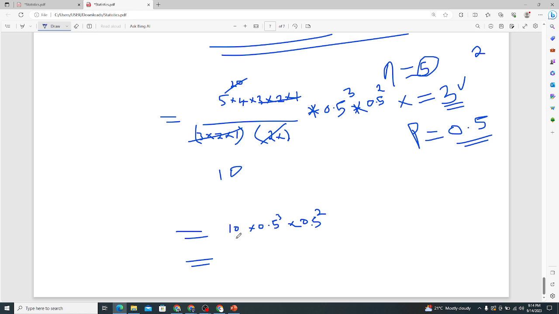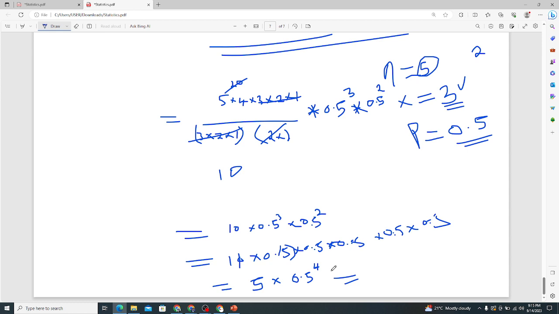So basically I can say it is 10 multiplied by 0.5 multiplied by 0.5 multiplied by 0.5 multiplied by 0.5 multiplied by 0.5. So this 0 will cancel with this, meaning it is 5 multiplied by 0.5 raised to 4. And can someone compute this?